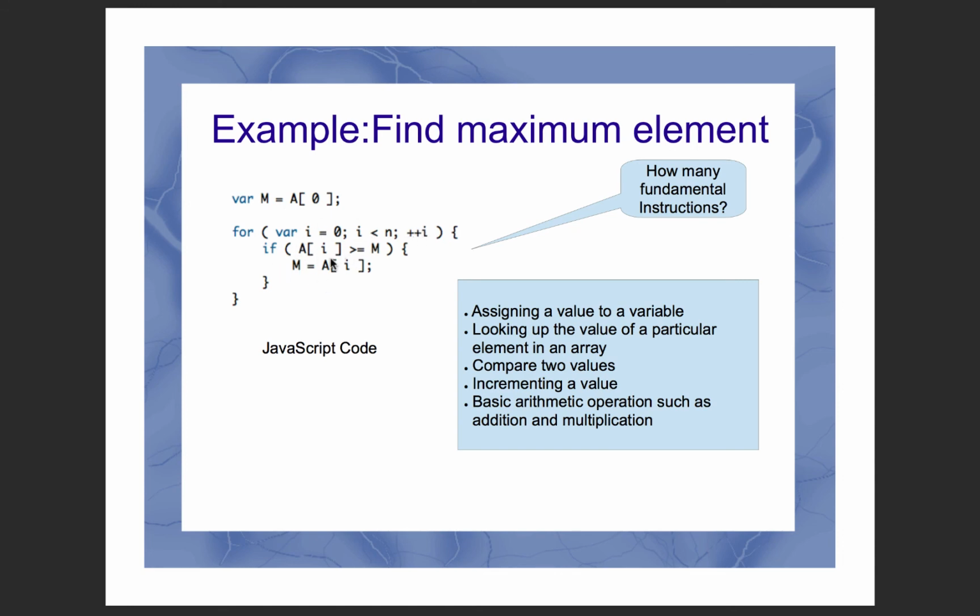So everything inside the for loop, in the worst case, will happen n times. If it is satisfied, then it will come to the if condition, and the if condition has some comparisons. If you consider a of i, that means it is looking for the value at index i, so this is one instruction. After finding that value, it compares with the m value, so this is another instruction. So this conditional expression contains two different instructions.